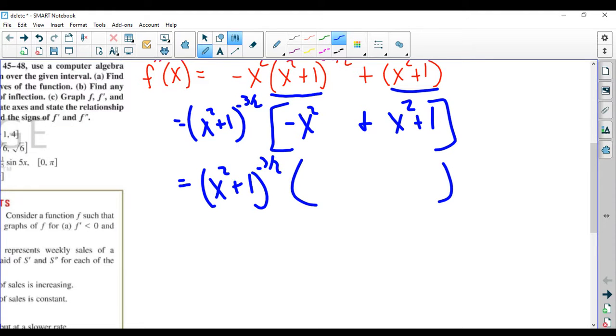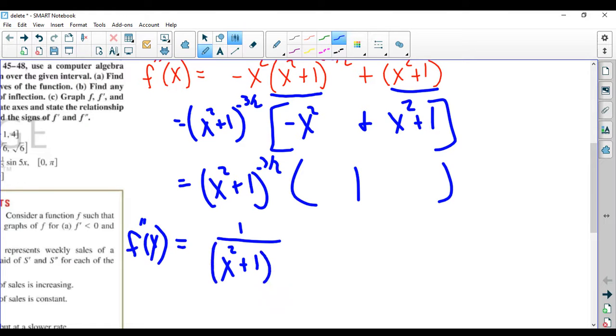Negative x squared plus x squared is 0, so we just have 1, which means our second derivative is 1 over x squared plus 1 to the 3/2. So now we're ready to do the second derivative test.